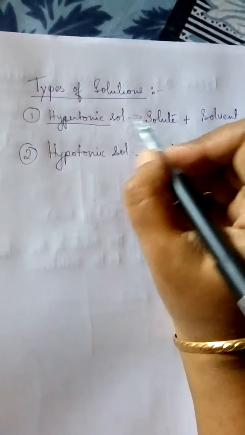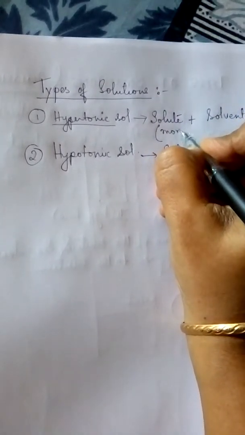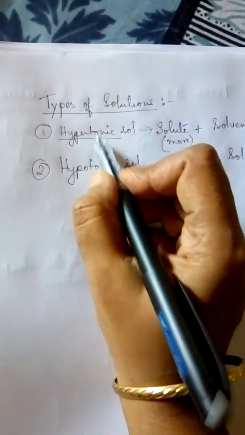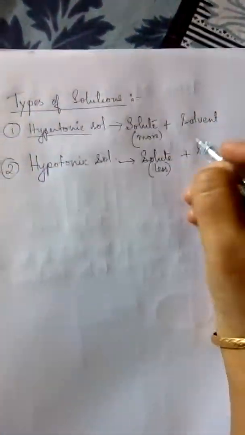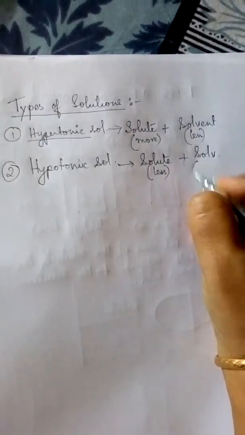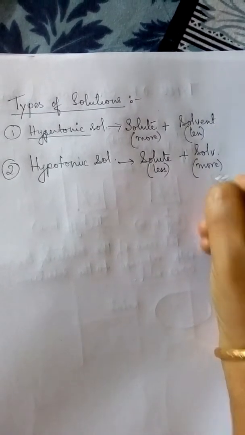In a hypertonic solution, solute is more compared to a hypotonic solution where solute is less. I am comparing these two solutions. While solvent in a hypertonic solution is less, and solvent amount in a hypotonic solution is more.